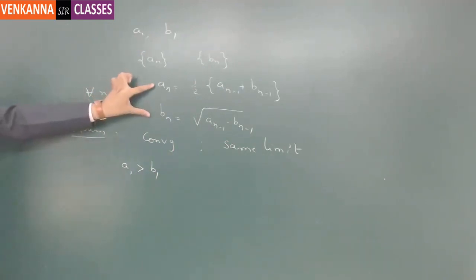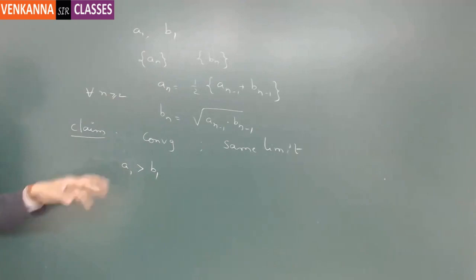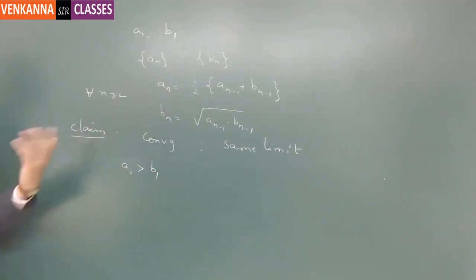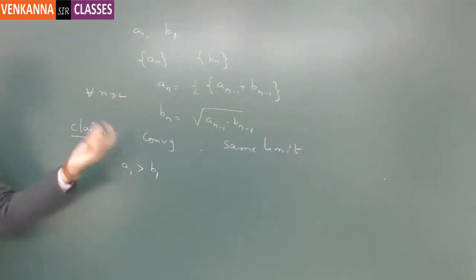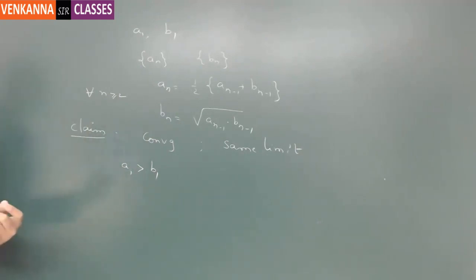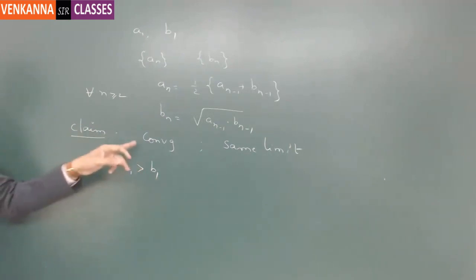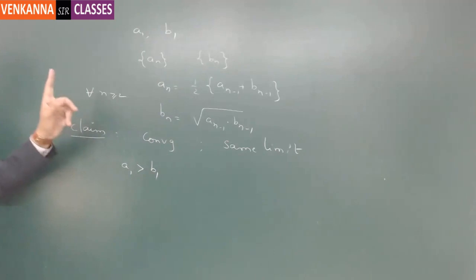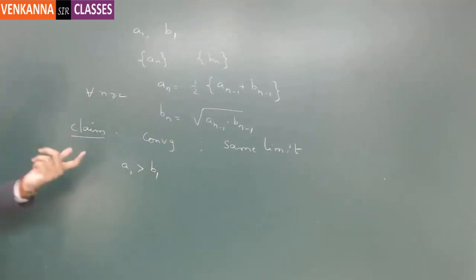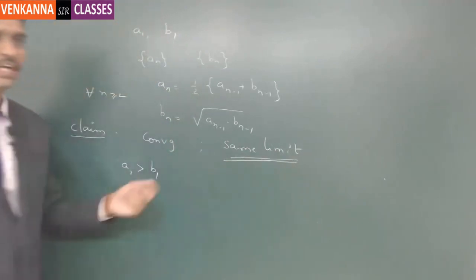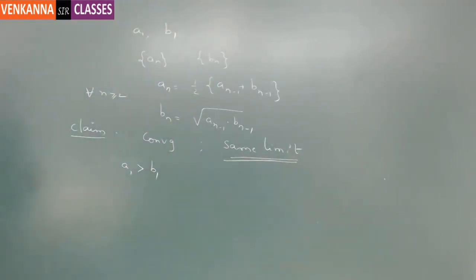And using the recursive formula which is defined for the given sequences, I should be able to show that each of the sequence an as well as bn is a monotone sequence and they are bounded. Hence, as a consequence of the monotone convergence theorem, they both become convergent, and one part will be left, that if you calculate the limit, they will have the same limit that we need to show.